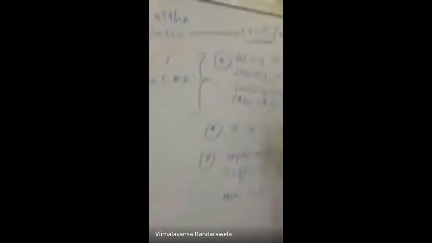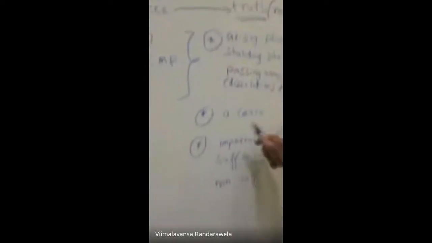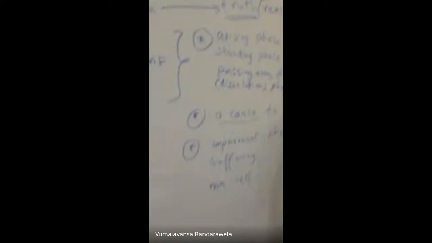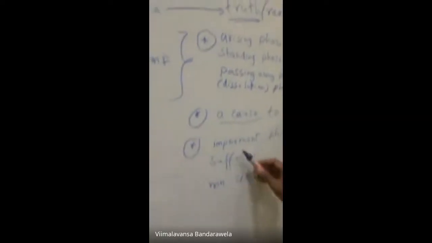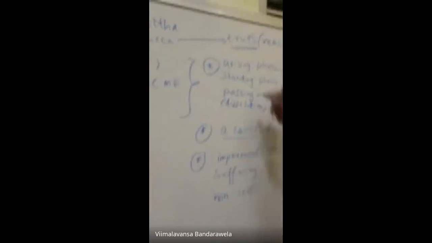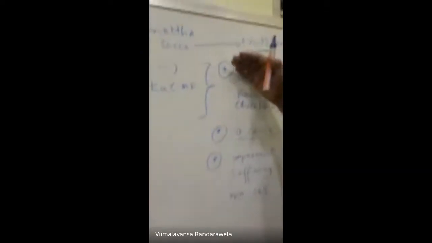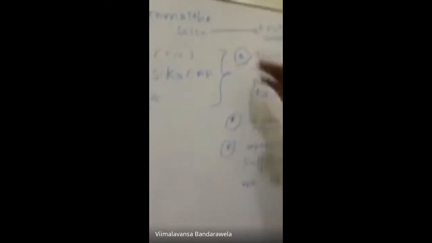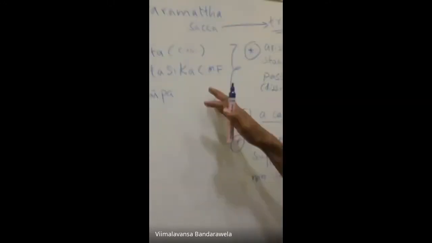Paramattha satya means this is the truth. They have an arising and perishing phase. They have a cause to arise, right? And the other one is they have impermanent phenomena, suffering phenomena, and non-self phenomena. So these chitta, chetasika and rupa, we have these three.